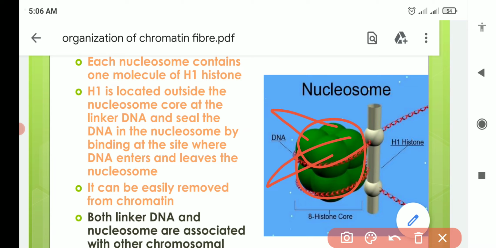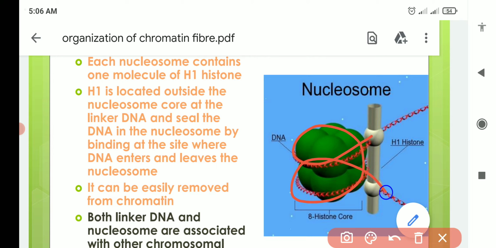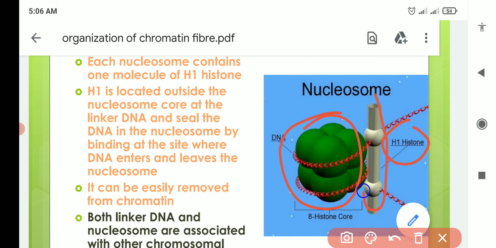Moreover, the DNA gets coiled around them, so it is like binding this octamer, and it is very hard to remove them. But H1 histone is present outside, so it is very easy to remove from the chromatin.